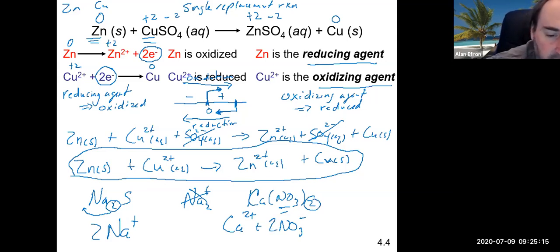So when you break it apart into total ionic equation, that subscript usually will come to the front of the formula. The only time you wouldn't bring a subscript to the front is, for example, this 3. That's actually part of the formula, so that obviously doesn't go to the front.